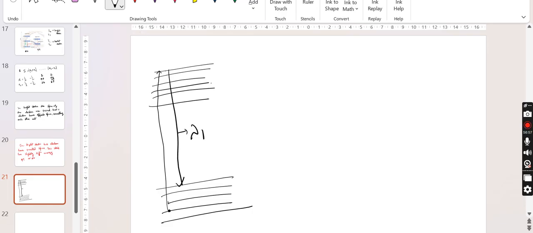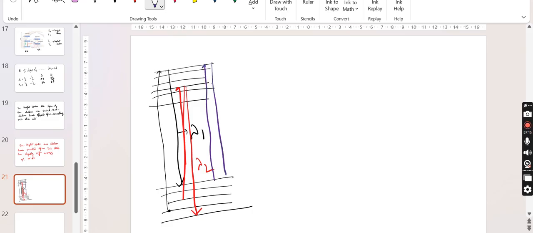So this is lambda 1. You can see another level that from here it goes up to there, and from there it comes down. This is lambda 2. Lambda 3 can be like this. It's lambda 3 and so on and so forth, lambda 1, lambda 2, lambda 3, different wavelengths.